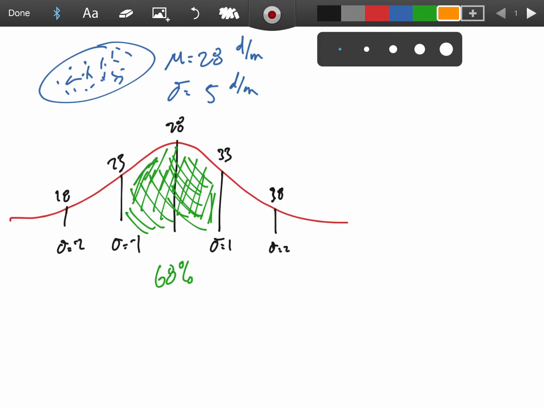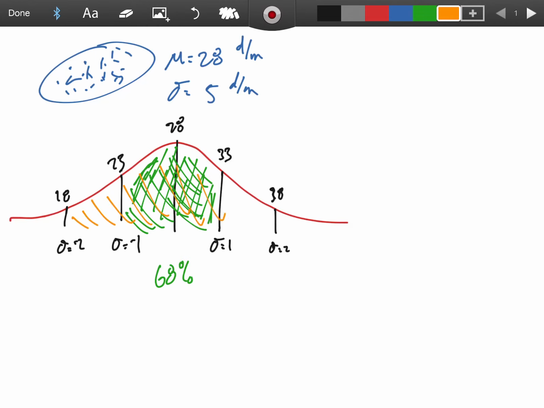And if I wanted to step out even further and go out to 2 standard deviations, that's going to be 95% of my population living between minus 2 and 2 standard deviations. That's almost everybody, right? As long as you're dealing with normal data, almost all of your population lives between minus 2 and plus 2 standard deviations.